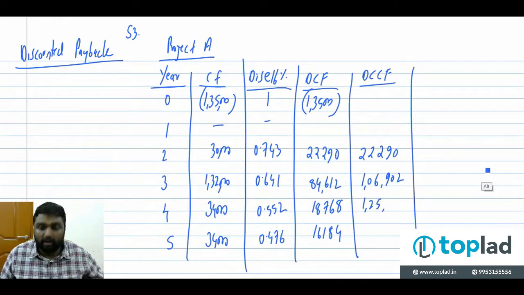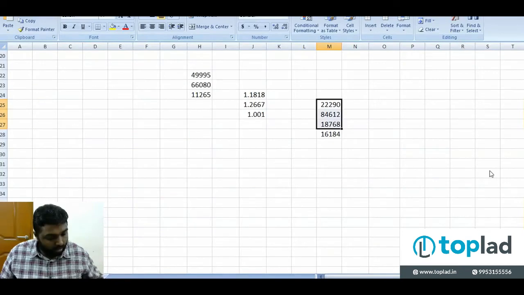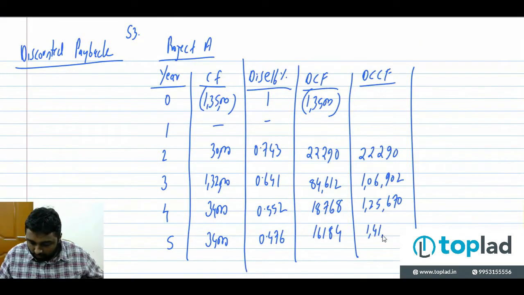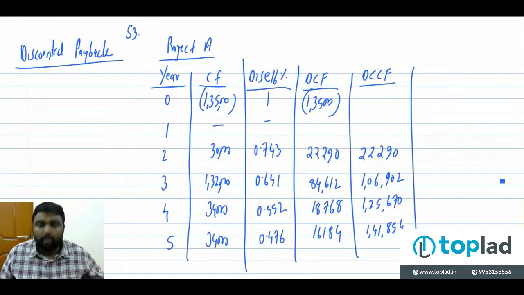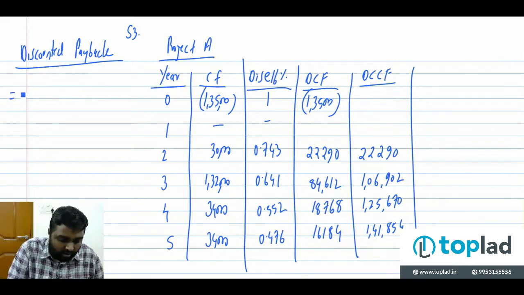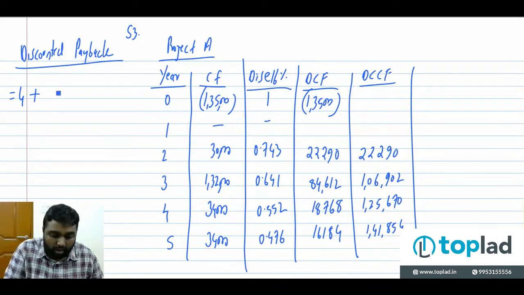So still we are not covering. One more we have to go, 1,41,854. So it is coming between 4 and 5 years. So 4 plus. We have to cover the discounted payback only.